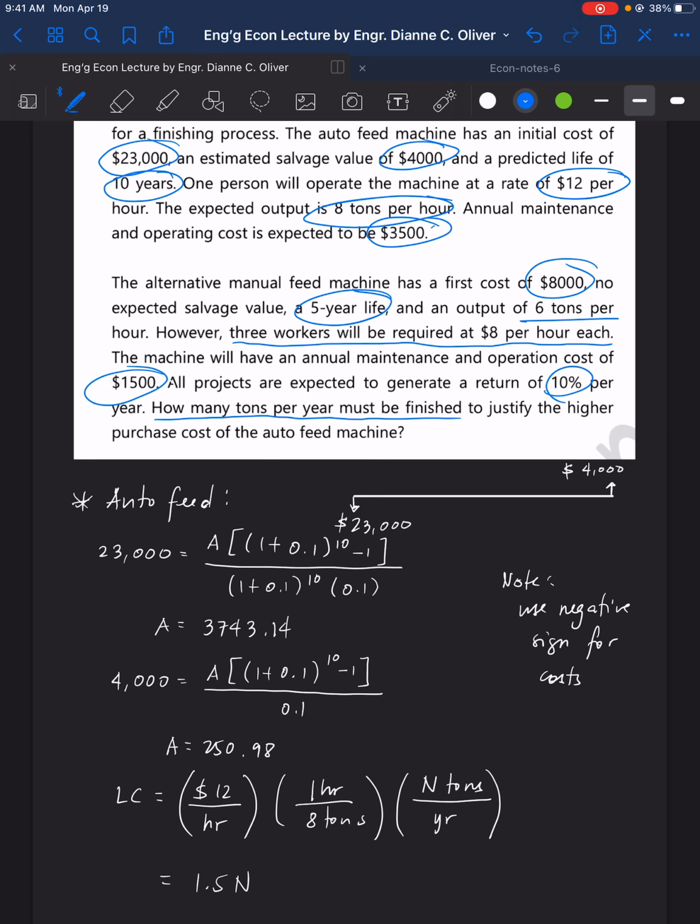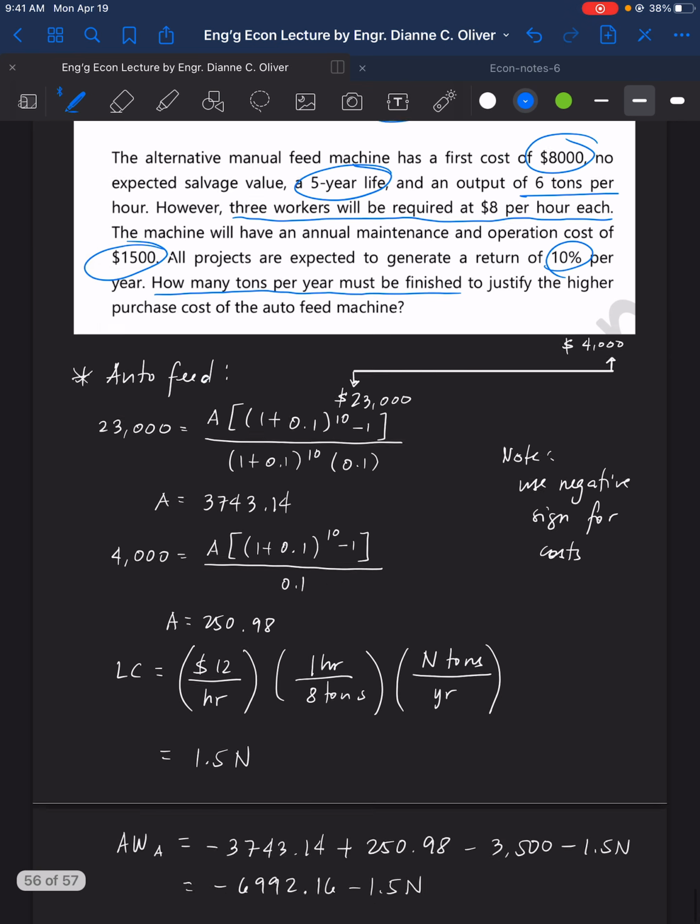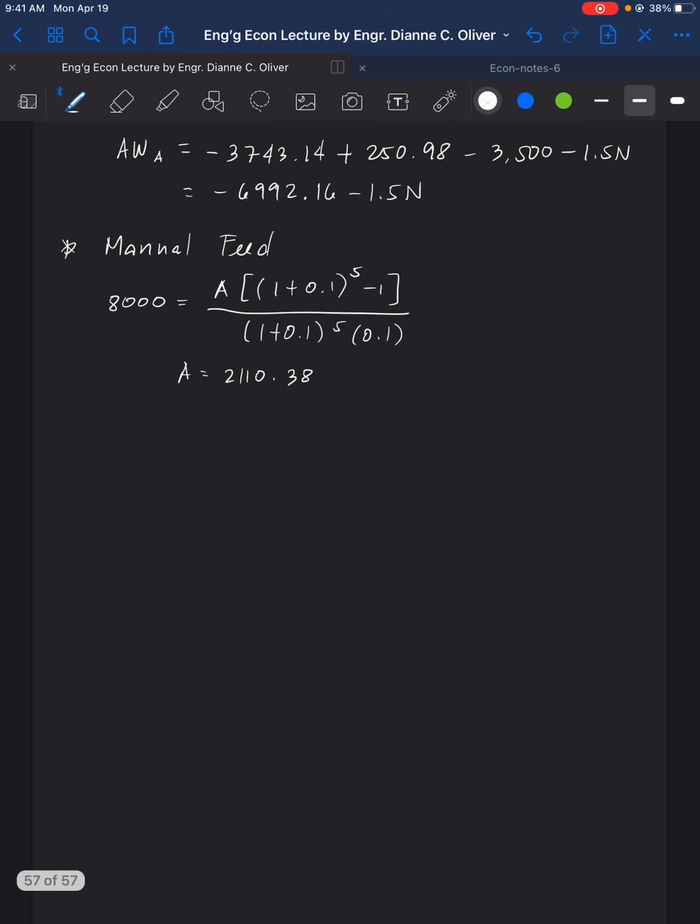Expected output 6 tons per hour. So just as we did a while ago, we have here labor cost equals $8 per hour, then 3 operators, so let's multiply it with 3.